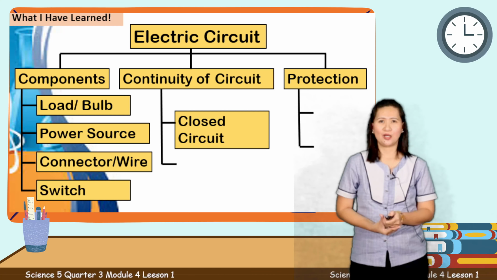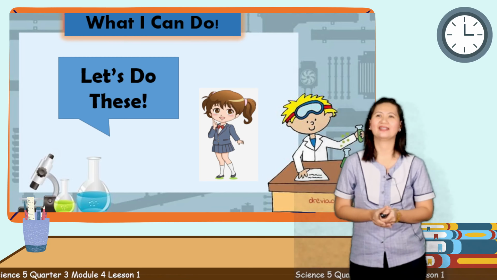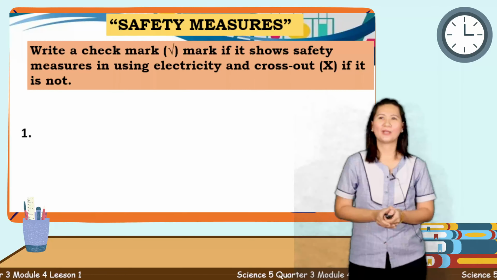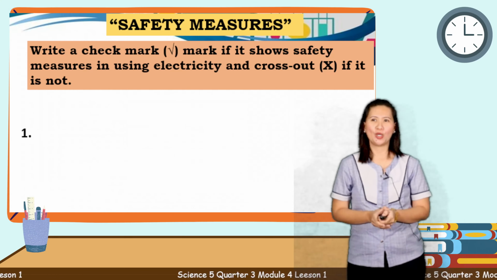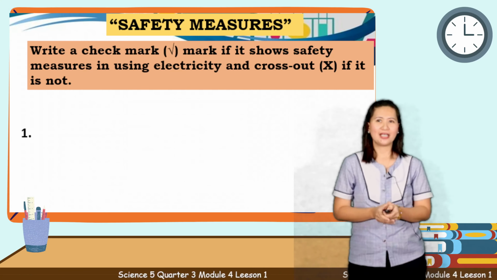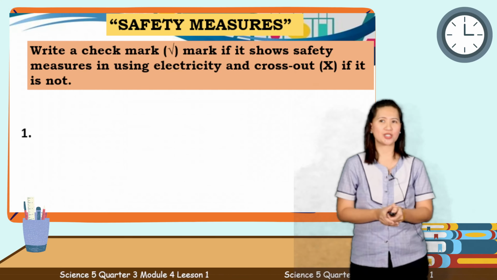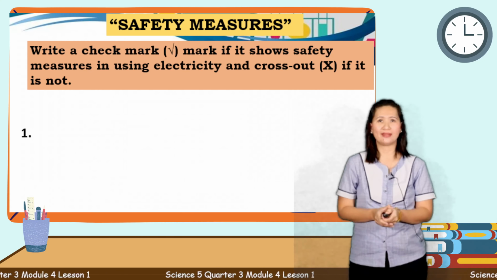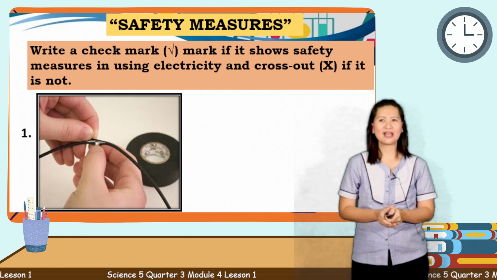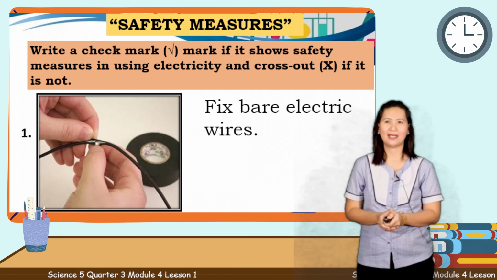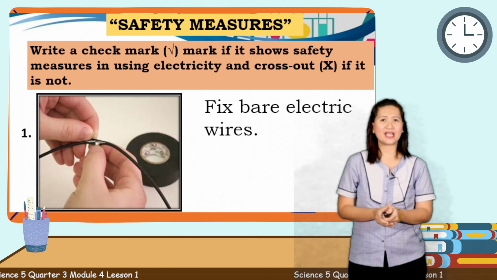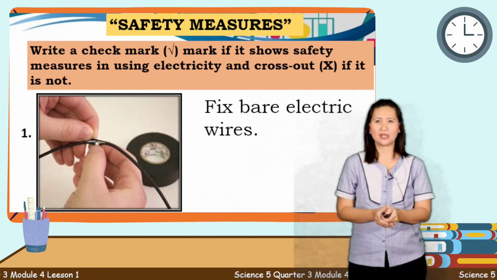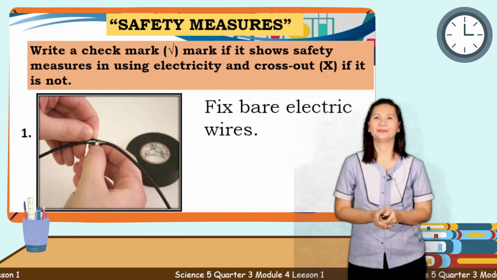Okay, so again, let's do this. For safety measures, write a check mark if it shows safety measures in using electricity and cross out if it is not. Number 1. Fix bare electric wires. Is it right or wrong?